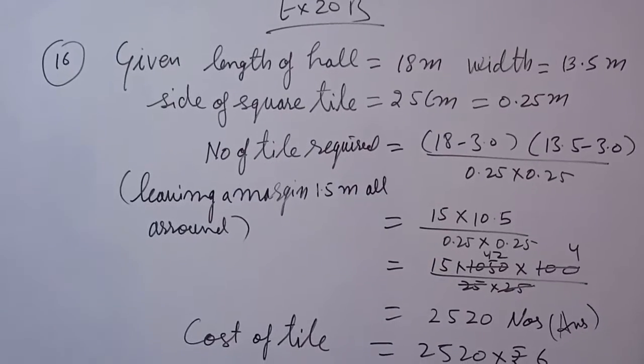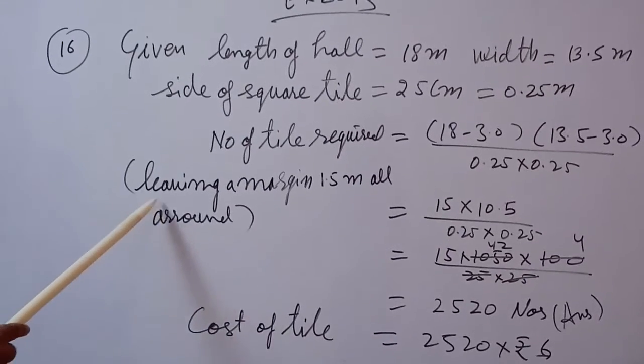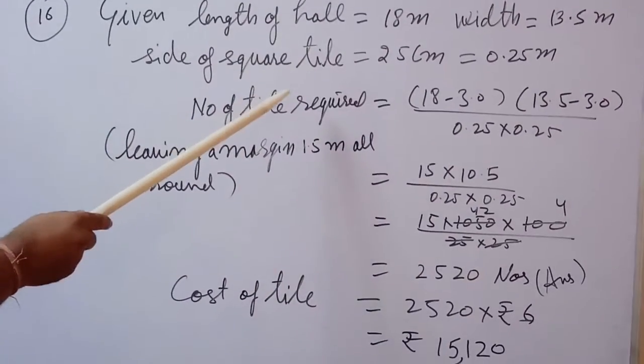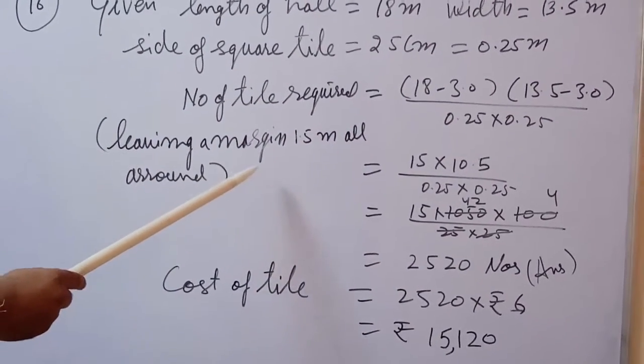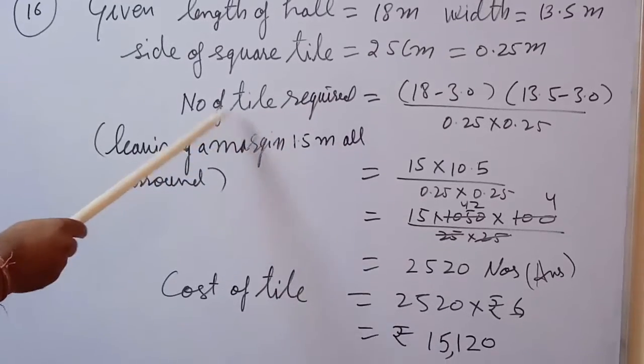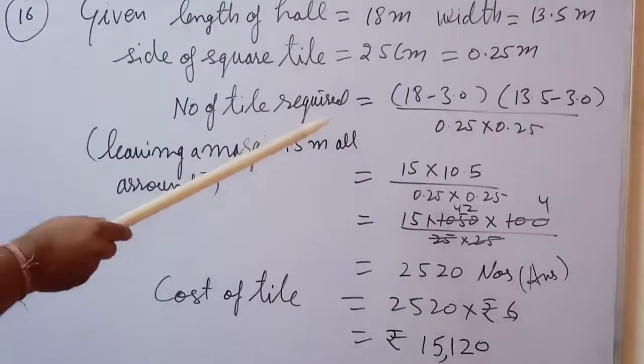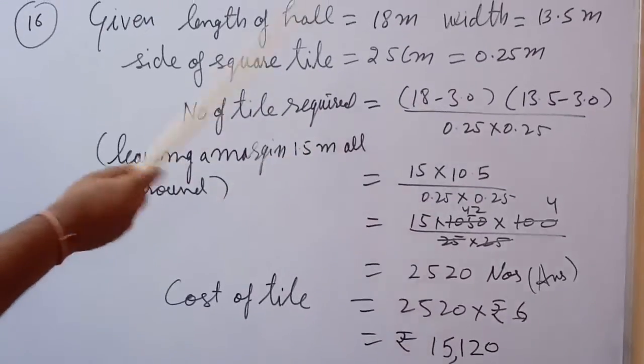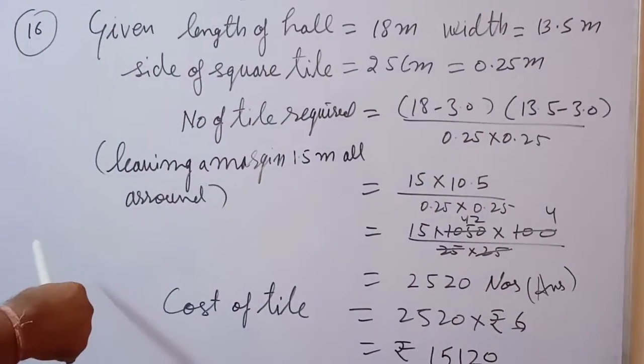Children, the second part is the one in which a margin of 1.5 meters around the hall is left. So the number of tiles required: 1.5 all around means 1.5 on the left side and 1.5 on the right side.